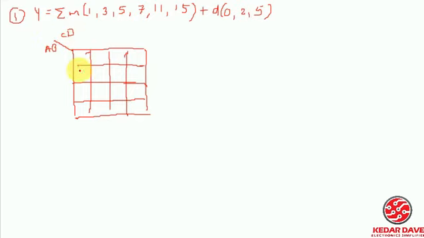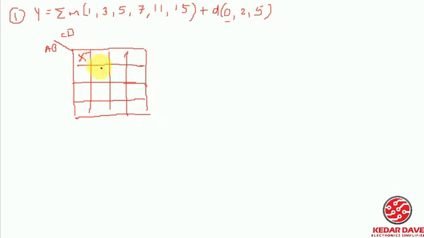So first of all, we have the don't care conditions. For the don't care conditions, we will make a cross on the position of that particular min term. The first min term is 0, so we put a cross on this particular min term place.